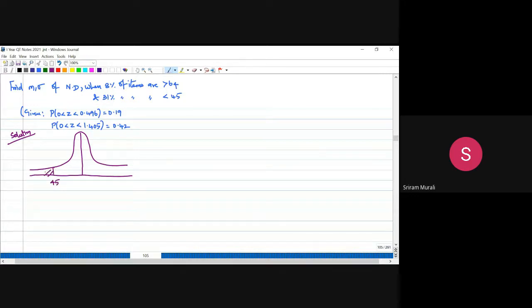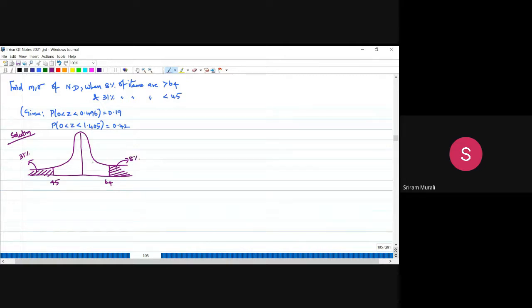Less than 45 is how much? More than 64, how much? Less than 45, it is 31%. More than 64, it is 8%.